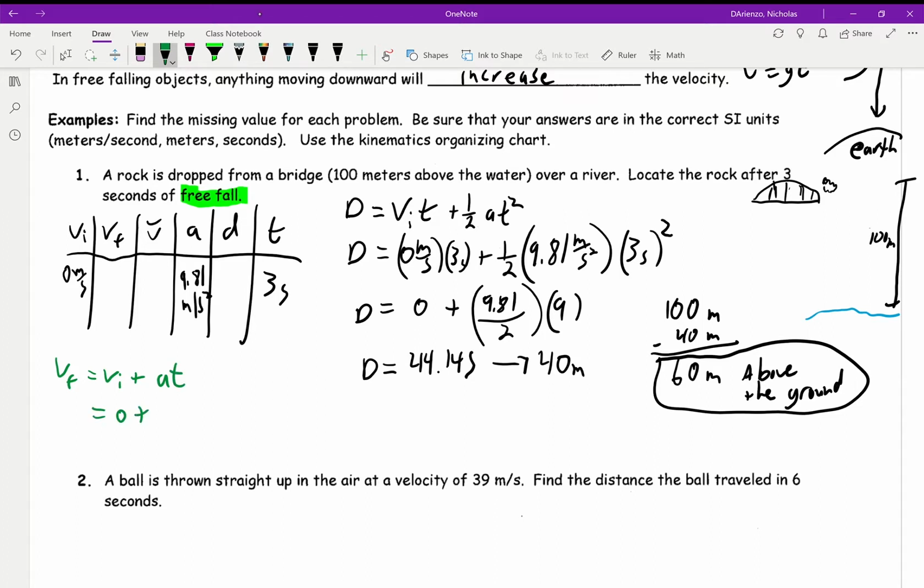Initial velocity is 0 plus 9.81 for 3 seconds. Now acceleration tells us that our velocity is going to change by 9.81 meters per second every second. So if we multiply that times 3, we can actually get our final velocity. This comes out to 29.43 meters per second, which is equal to 30 meters per second.